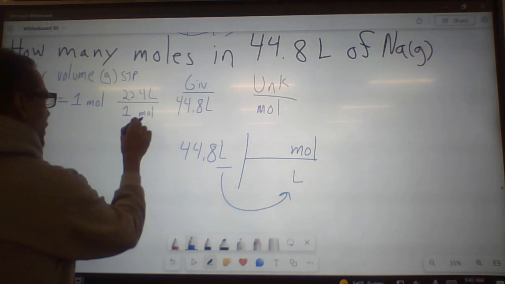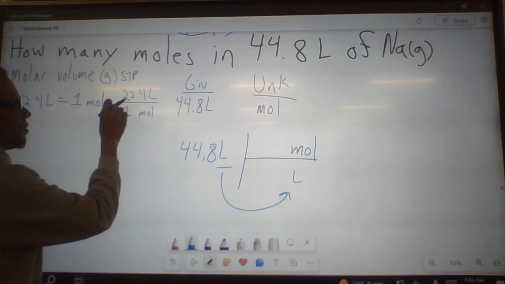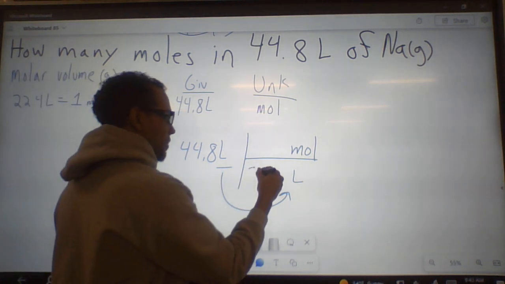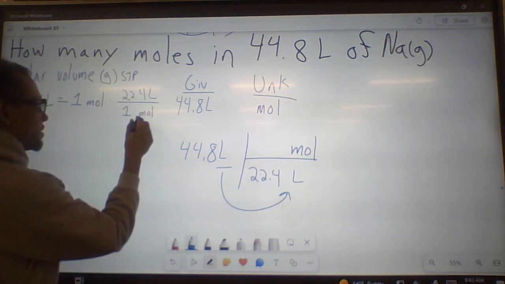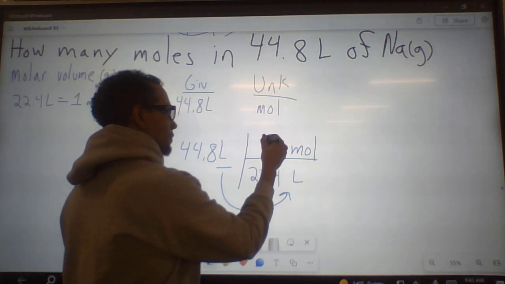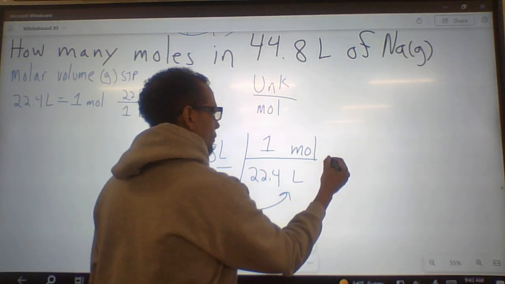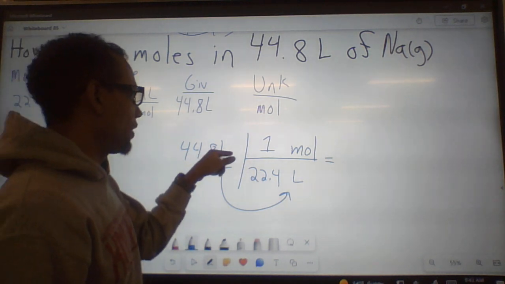Okay, there's a 1 right here. That's not an L. This has an L. Okay, this is my value here because it matches 22.4 liters. And then now what number matches my mole? Mole has a 1.